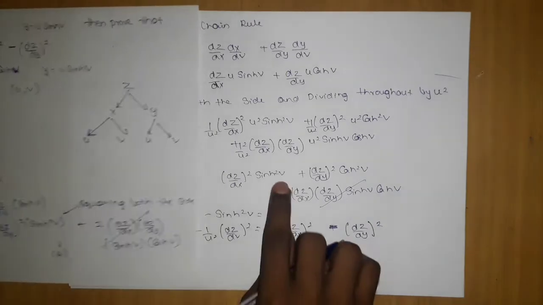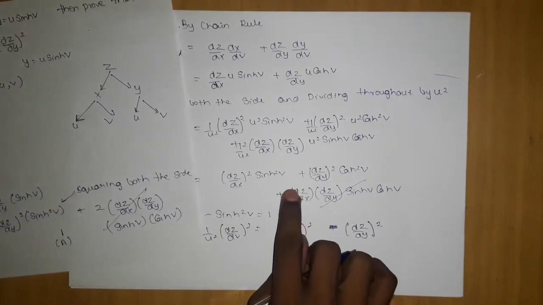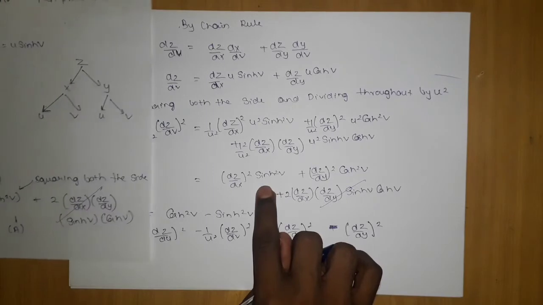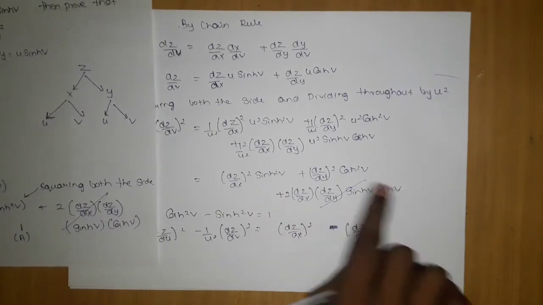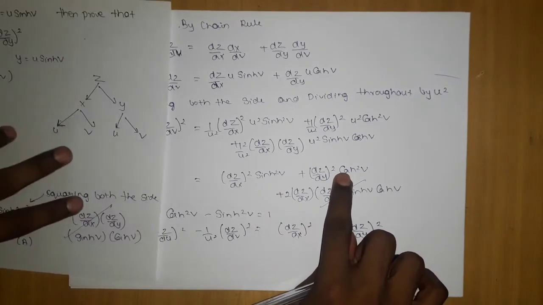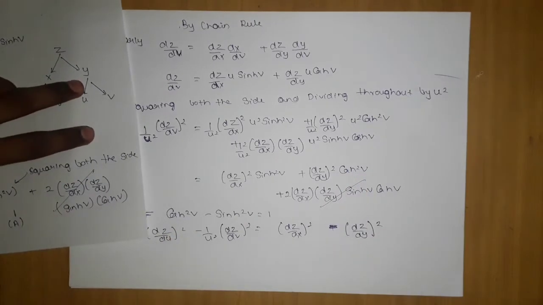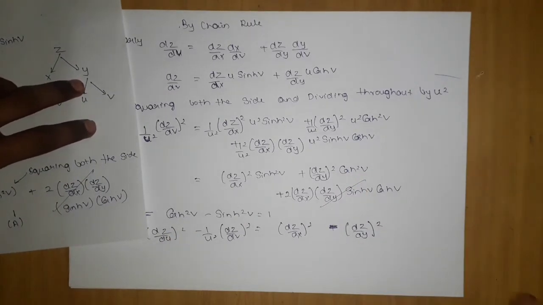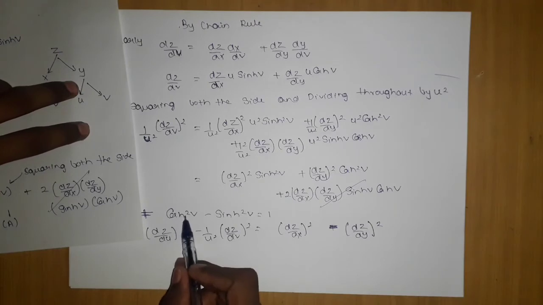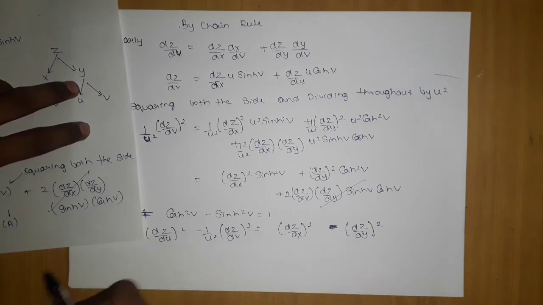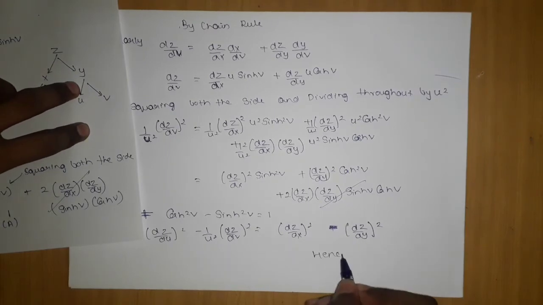When I subtract, minus cos h square v will be there, and sin h square v minus cos h square v will be there. But we know the formula is cos h square v minus sin h square v, so I have to take the minus outside, then I get this value, hence proved.